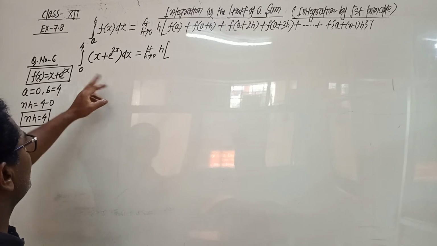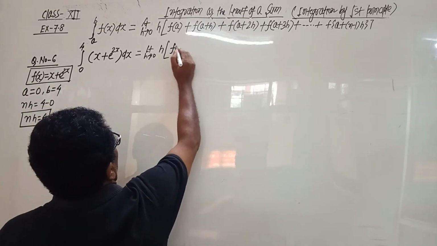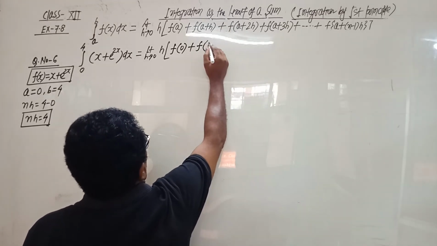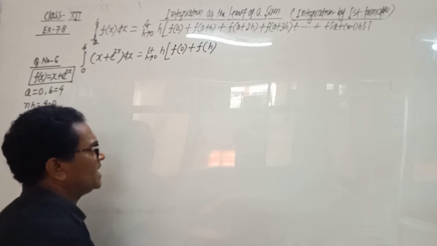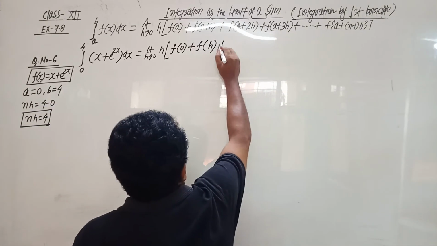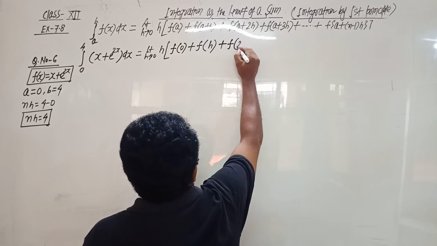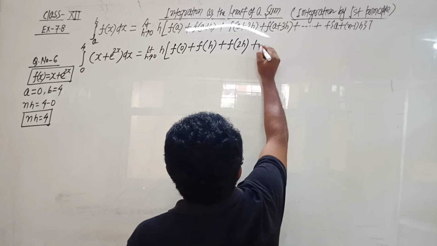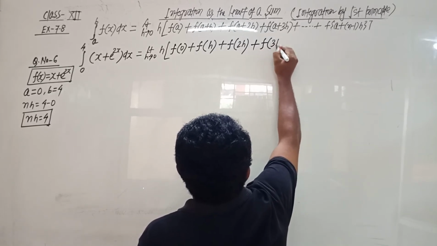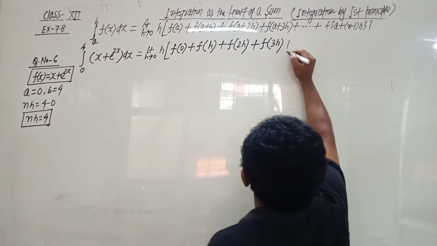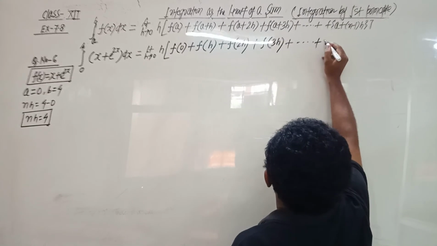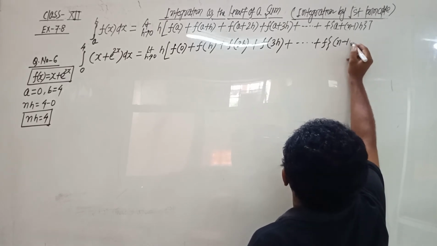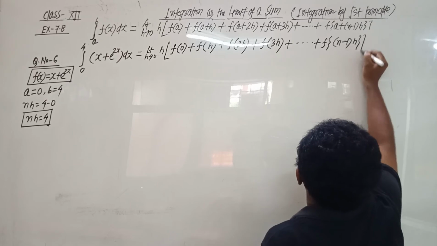So f of 0 plus f of 0 plus h, it becomes f of h, plus f of 0 plus 2h, which is f of 2h, plus f of 0 plus 3h means f of 3h, plus ... plus f of 0 plus (n minus 1)h means f of (n minus 1)h.